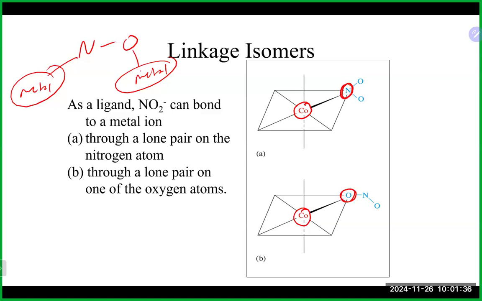And that is what's known as a linkage isomer. Here we're using the same ligand, but within that ligand, we're using different attachment points to the metal because we actually have more than one option. We have both the nitrogen and the oxygen, which can act as a Lewis base in this case and donate some electrons over to our cobalt, which again is acting as a Lewis acid.